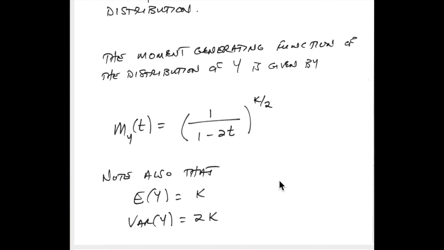We can also use what we know about the mean and variance of the gamma distribution to determine the mean and variance of the chi-square distribution. For a chi-square distribution with k degrees of freedom, the expected value is k, the degrees of freedom, and the variance is 2 times k.